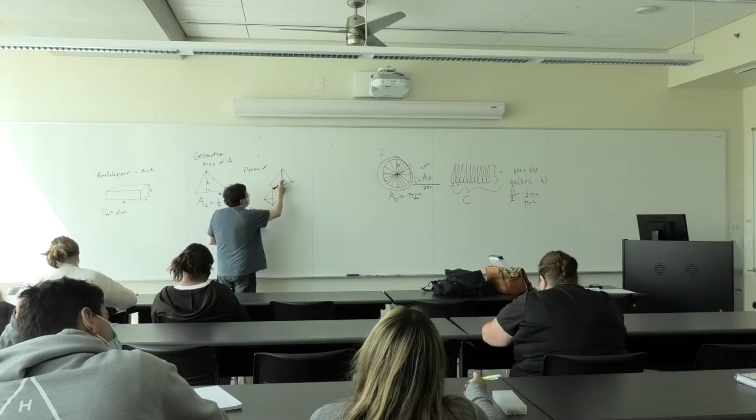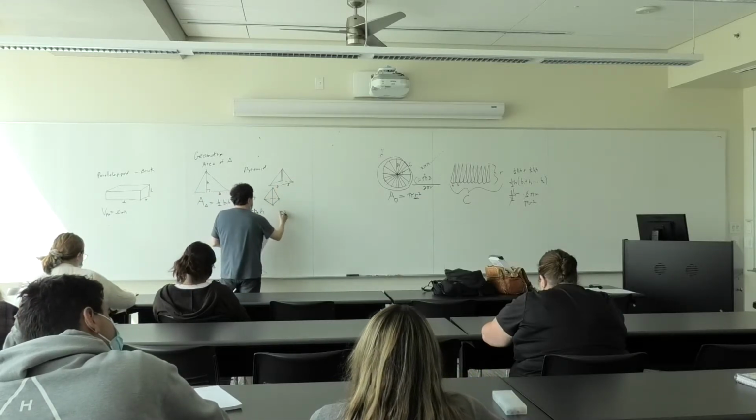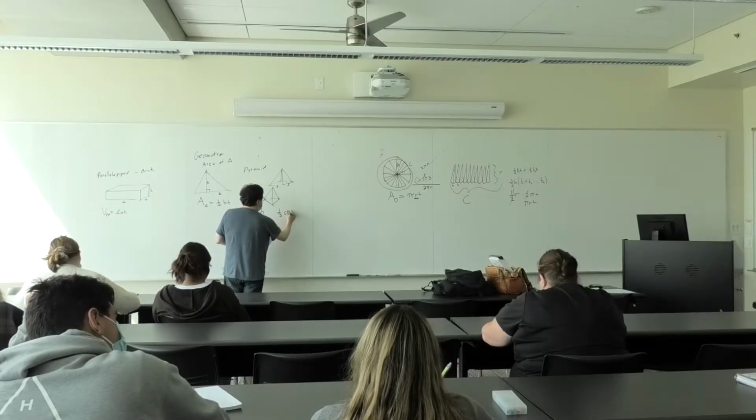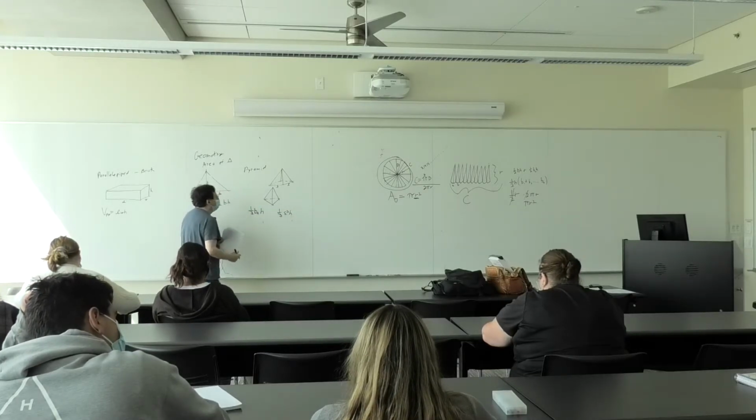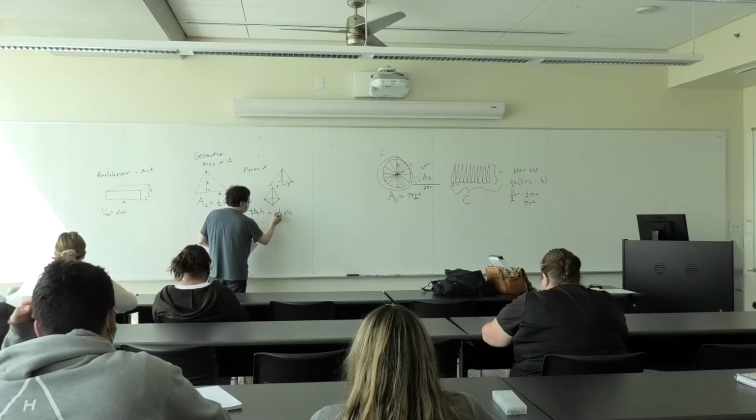So if the pyramid's base is a square with sides s, it's going to be 1/3 s squared times the height. This is the volume of a pyramid.